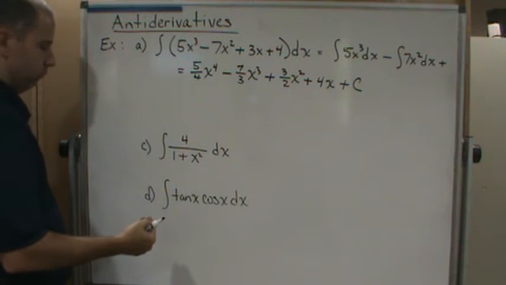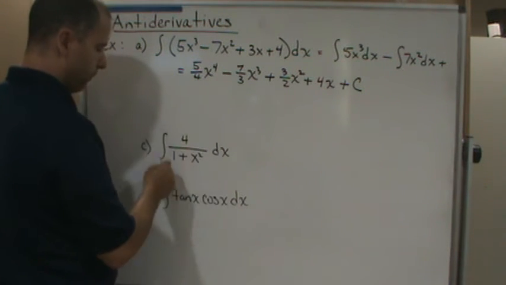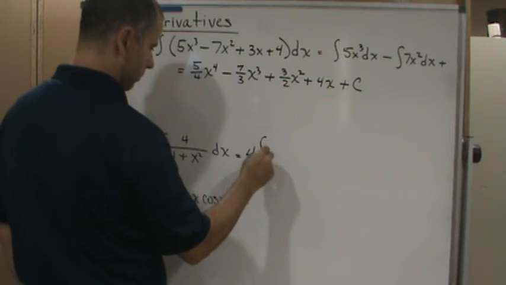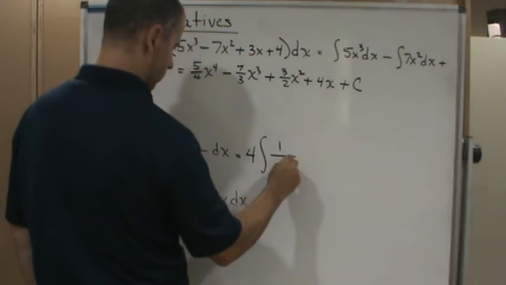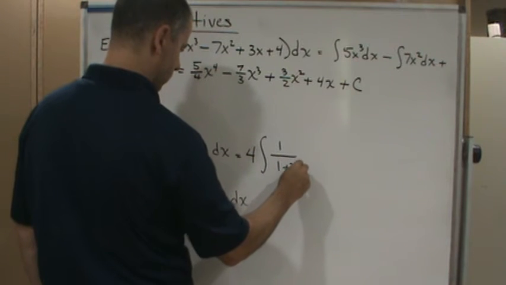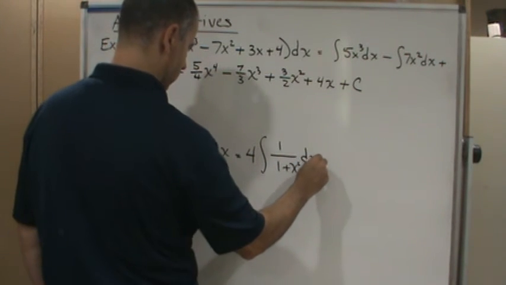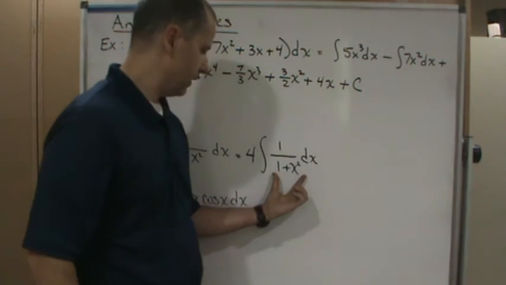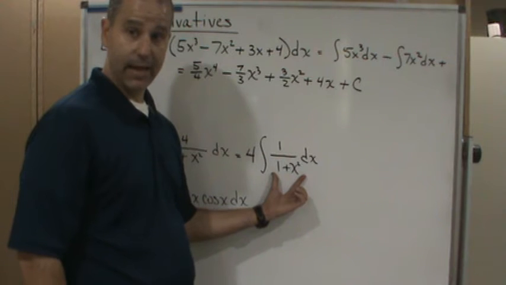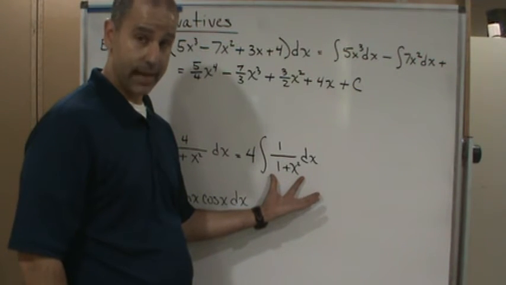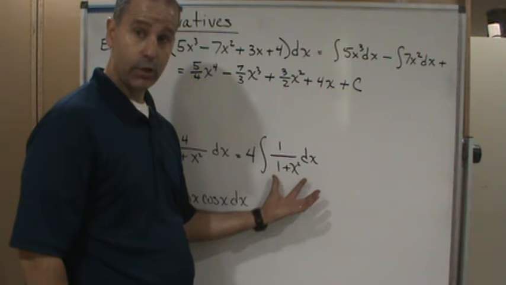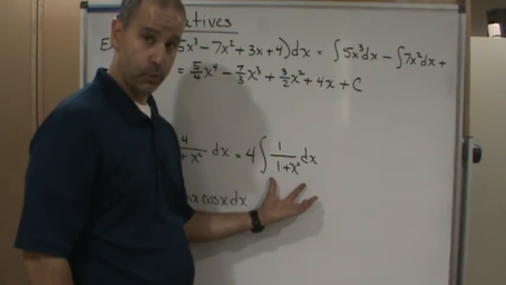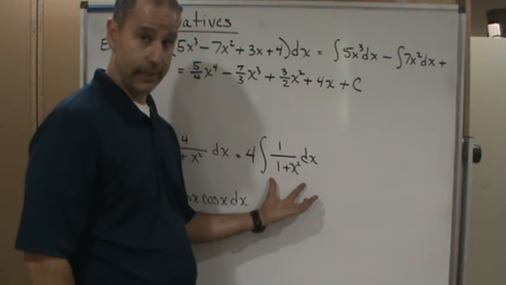So what I need to do is factor out the 4. Now, you need to recognize this as the derivative of inverse tangent. You need to recognize this. If you don't recognize it, your life is going to be harder than it needs to be.